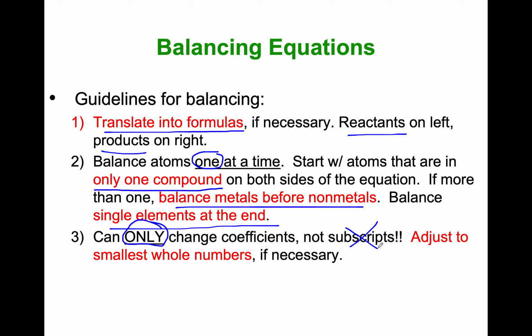Definitely don't change subscripts. And sometimes there can be problems balancing. It can be challenging. You might have scaled up. If you have 2 in front of one substance, 4, and you have 6 and 8, you need to go to the smallest whole number, so divide that down and then always check when you're finished.